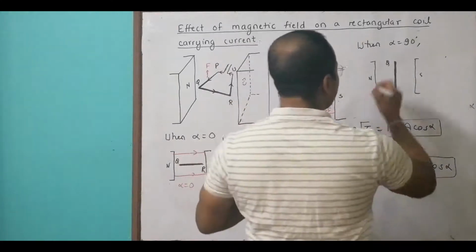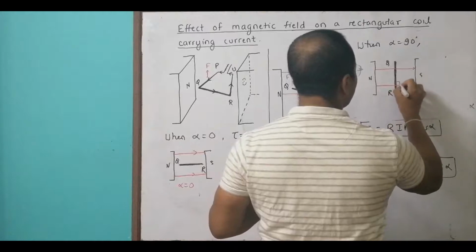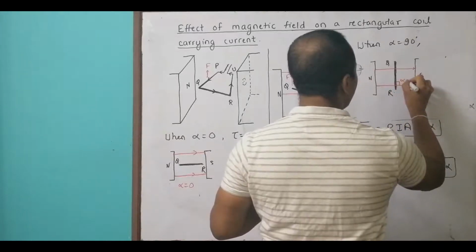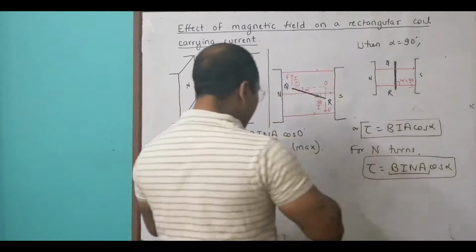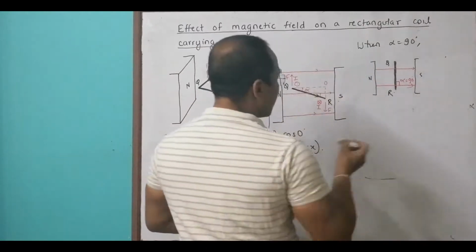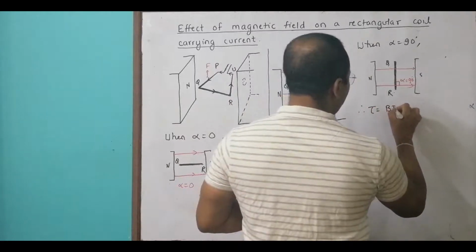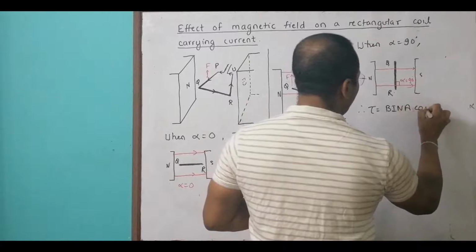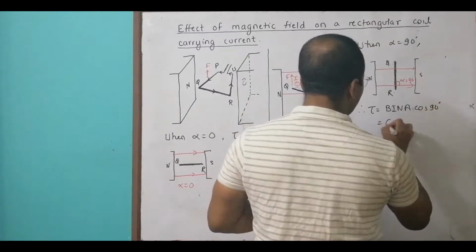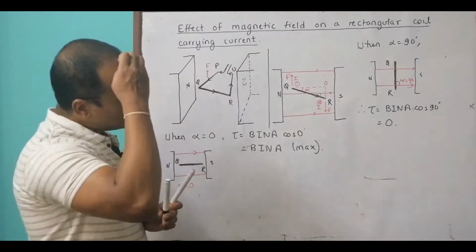So this is alpha equal to 90 degrees. In such a case, tau is equal to BINA cos 90 degrees, which is 0. So in this case there will be force, but the torque will be 0.